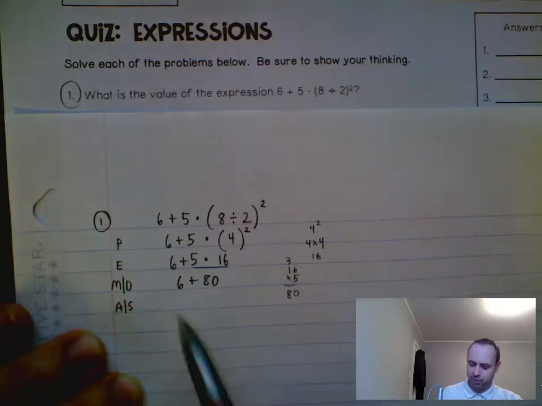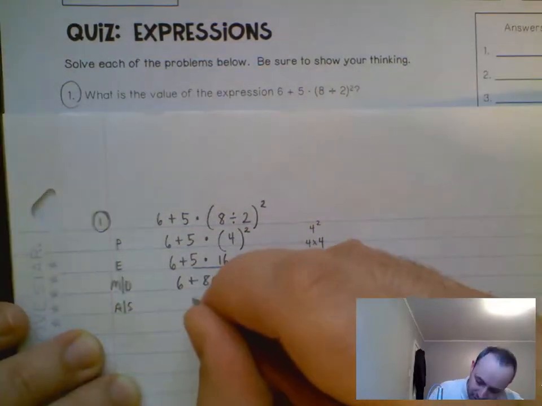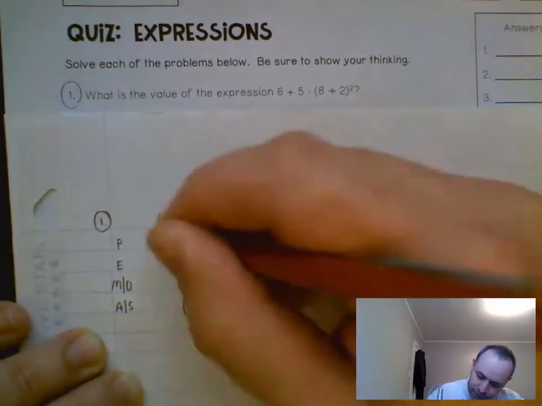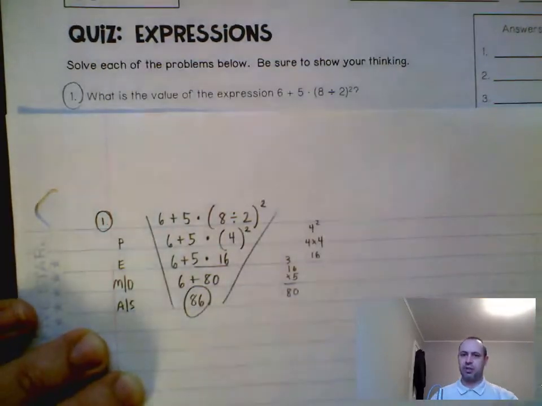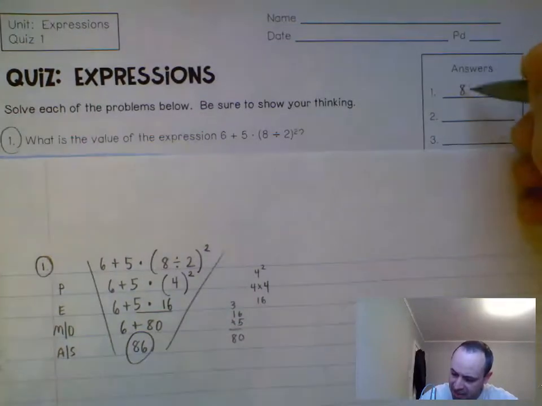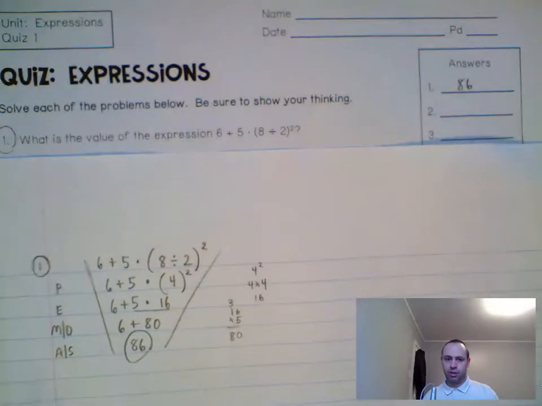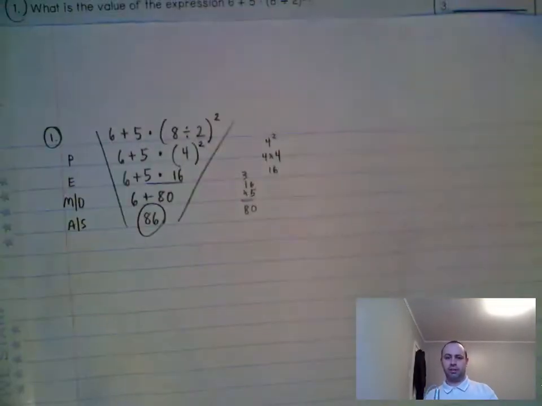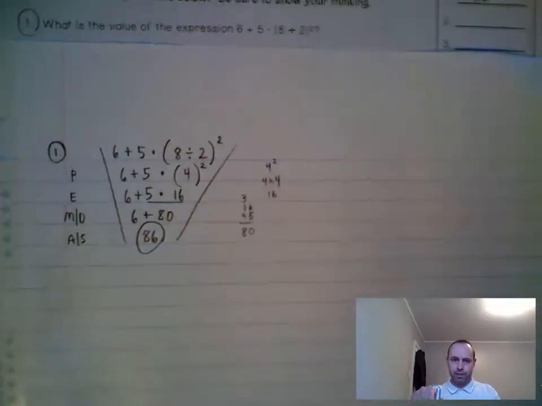And then our last step would just be 6 plus the 80. So our answer for number 1 is 86. And then if you have this sheet, you would write 86 over here. If you don't have the sheet, then you'll just leave it there circled. All right, that's number 1.